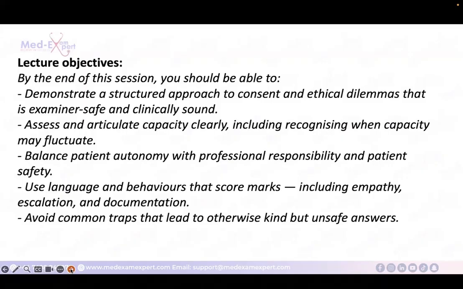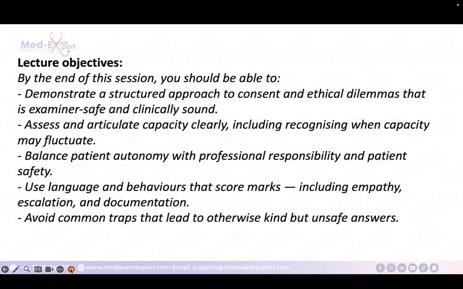Also assess and articulate capacity clearly, including recognizing when capacity may fluctuate in these different clinical scenarios. And how do you balance patient autonomy with professional responsibility and patient safety?